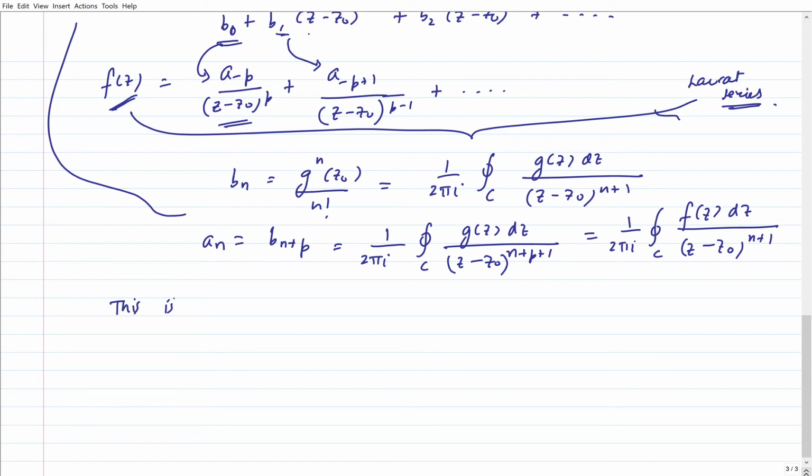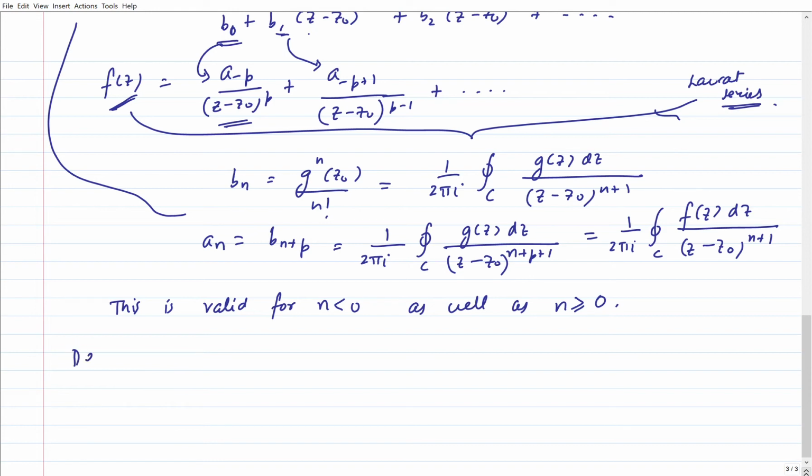This is valid for n less than 0 as well as n greater than or equal to 0, as we've already seen. So this was the Taylor series and the Laurent series of the function expanded.